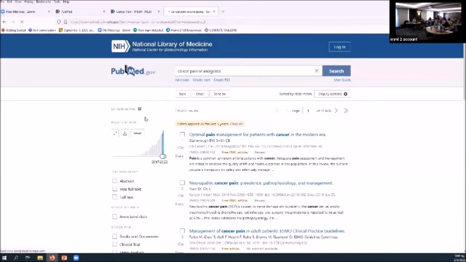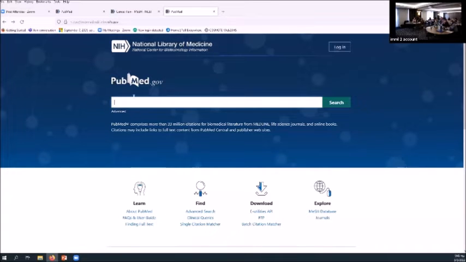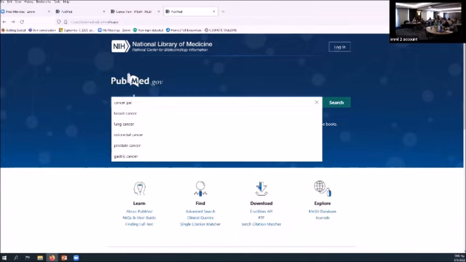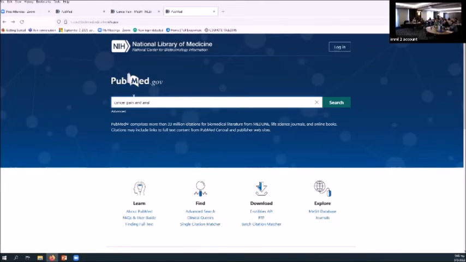So this is now retrieving all the articles that have either cancer pain or analgesics. 116,000 articles. Too much information. And now we go to and: cancer pain and analgesics.